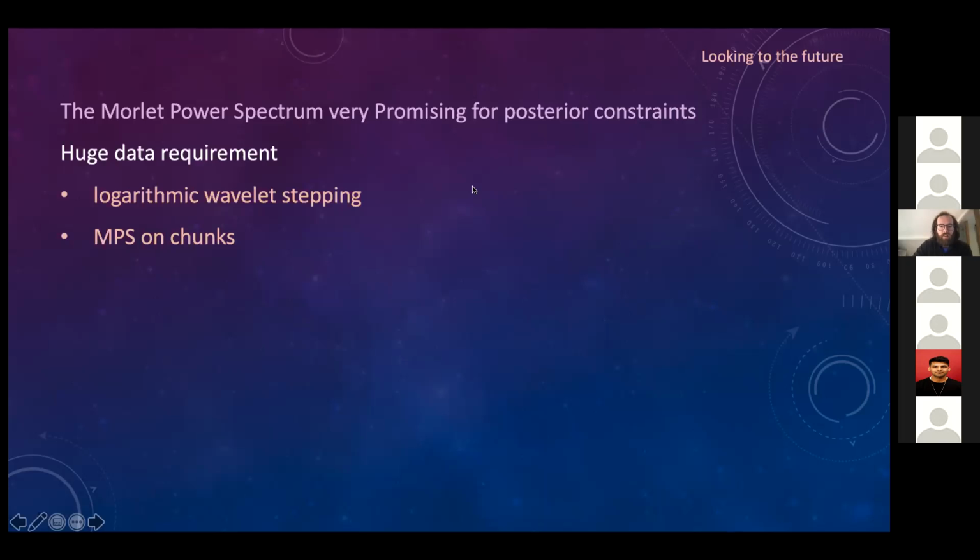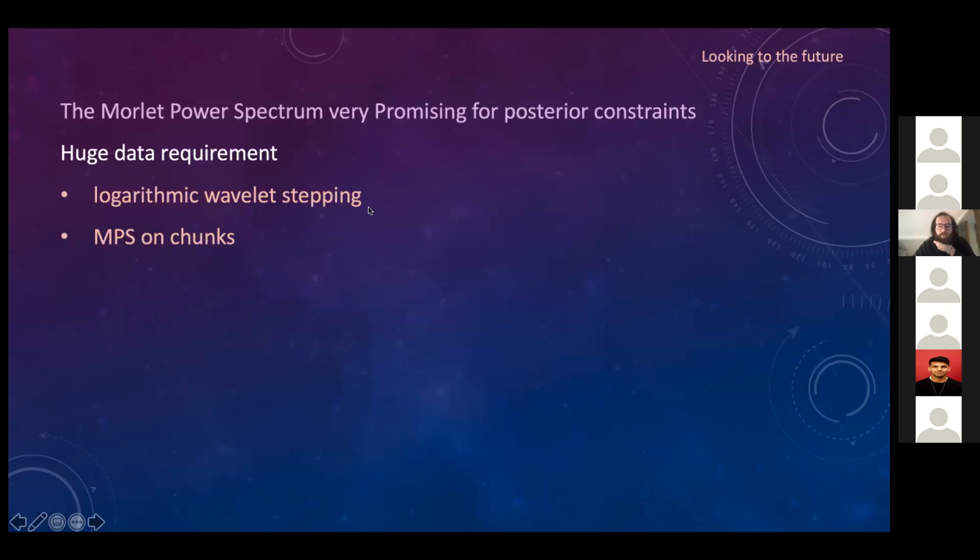Importantly, if this was to be applied properly, it would be nice to try and recreate results like Brad Greig's paper, where he compares light cones to coeval cubes in parameter estimation. However, trying to calculate 600 by 600 coeval cubes along a light cone that's about 20 redshifts long required terabytes of RAM per sample. And so we need to try and come up with ways to reduce that.